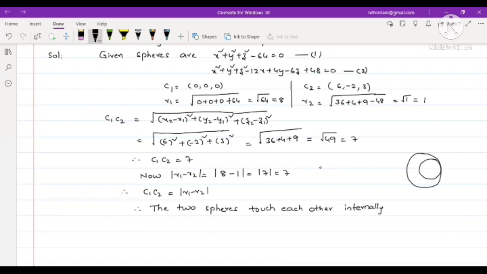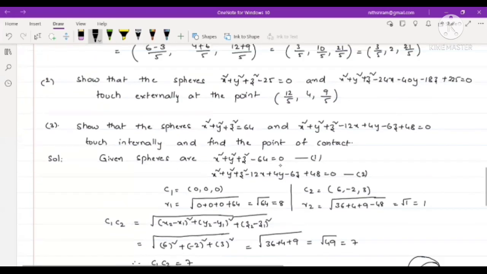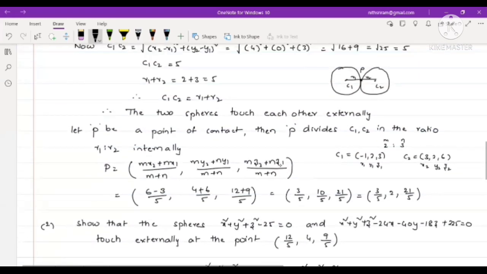Whenever the two spheres touch each other internally, clearly we have a point of contact. This is P. We have to treat that particular point of contact as P, and now we have to find it. In our previous class, we discussed that when the two spheres touch each other externally, the point of contact divides C1C2 in the ratio R1 to R2 internally.